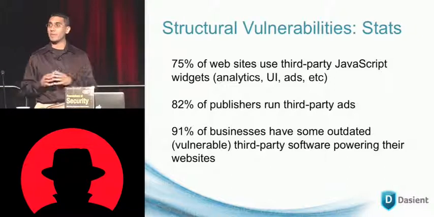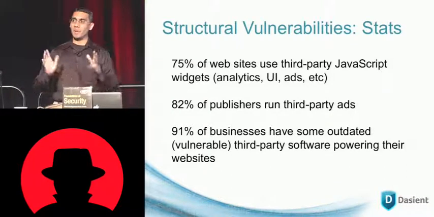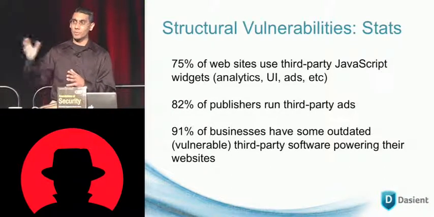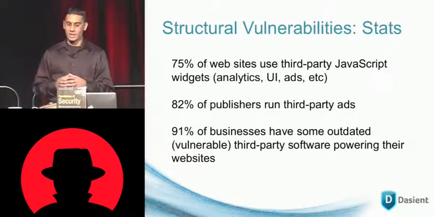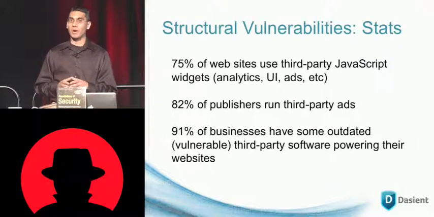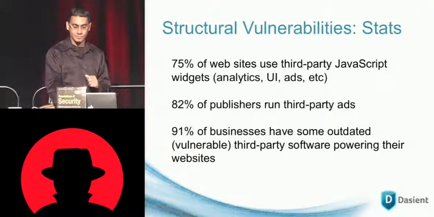Very often people find out when customers report it, or through other folks that report it, or when a search engine flags the site. And that's not the ideal way to find out about a third party that's getting compromised.